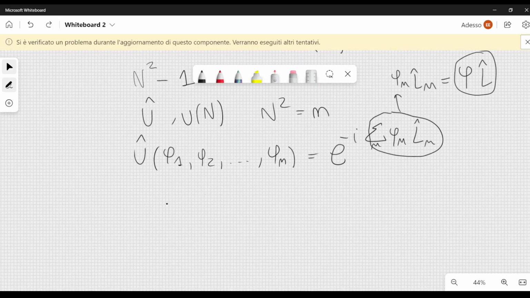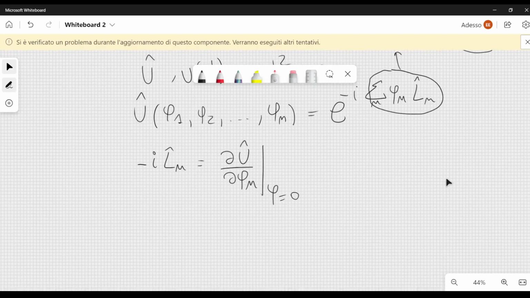The parameters L mu are actually quite important, and I want to stress the importance of that. So at first you can see that minus I L mu is equal to the derivative of u with respect to phi mu, and then we evaluate it where phi is equal to 0. And phi, by phi I mean phi 1, phi 2, phi 3, phi 4, phi n, they are all equal to 0.